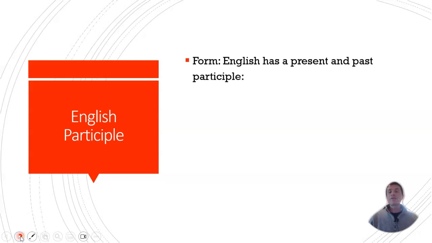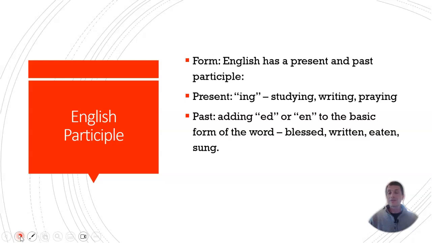In English, we have two forms of the participle. There's a present participle and a past participle. The present participle is formed by typically adding -ing to a word, so studying, writing, praying. Then there's a past participle that we add -ed or -n to. Sometimes we use auxiliary verbs with this as well, and you can see some of the examples there.